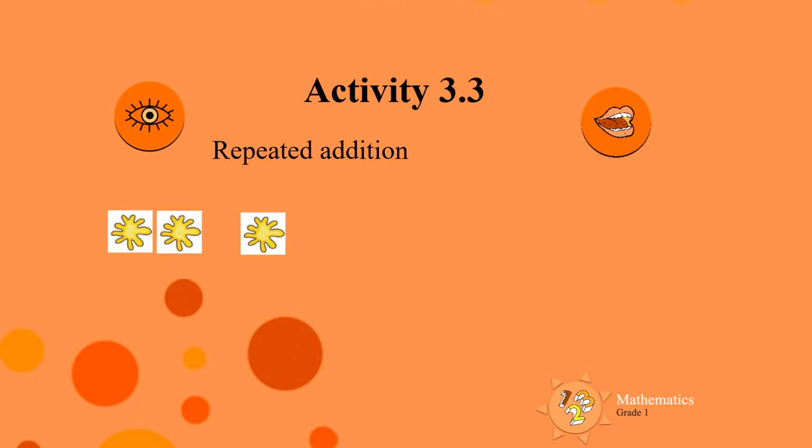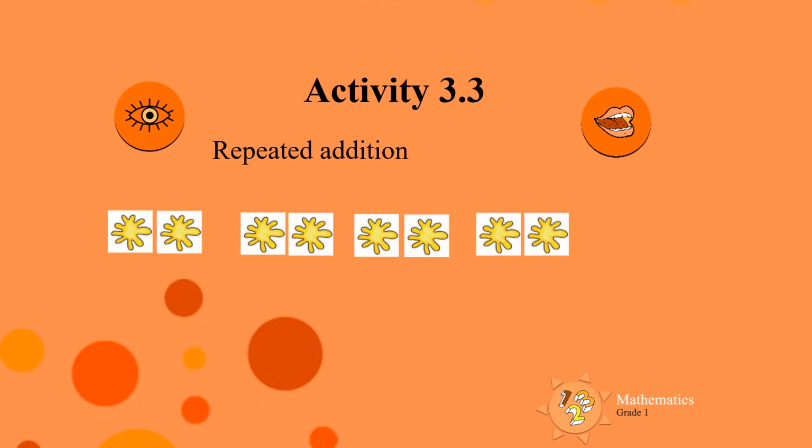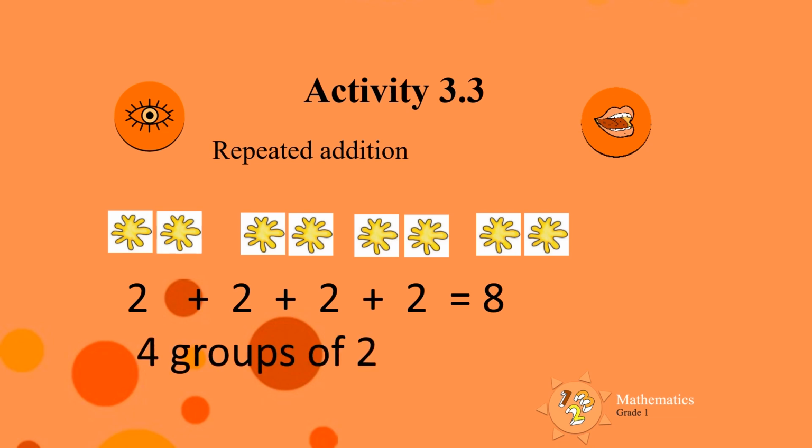Let's count again. 1, 2, 3, 4, 5, 6, 7, 8. And the sum is 2 plus 2 plus 2 plus 2. And the group sum is 4 groups of 2. Which means you must have 4 groups, 4 little circles of 2.